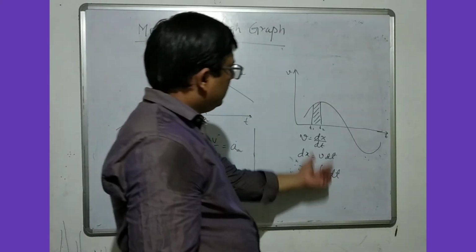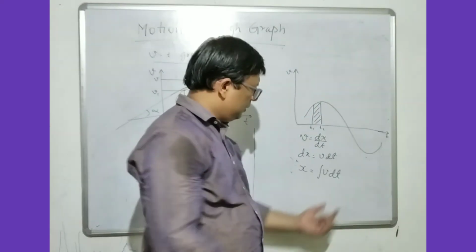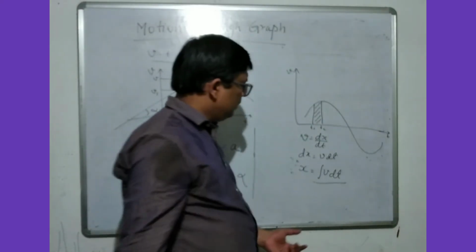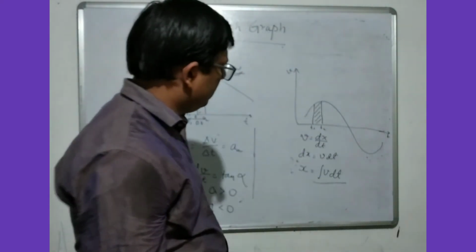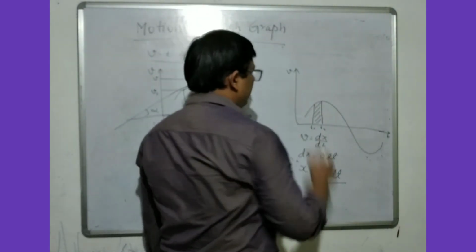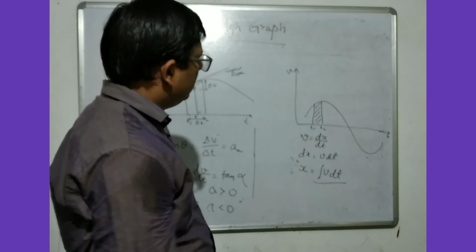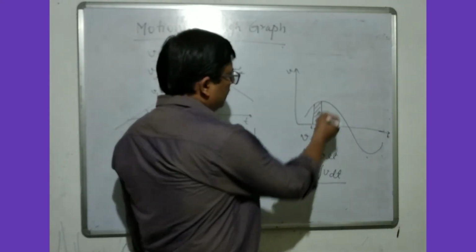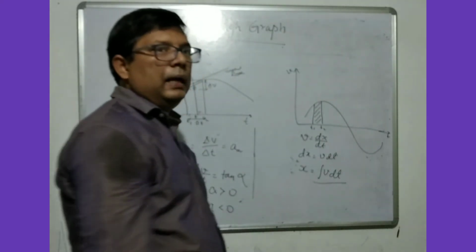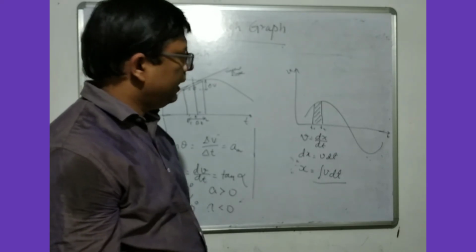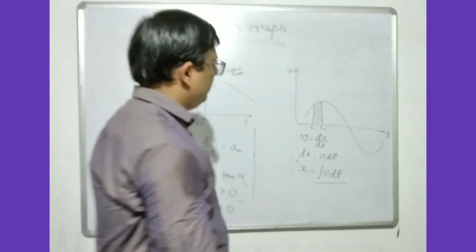This integration of v dt is nothing but the area under the curve. So this area gives the displacement. When you want to calculate the displacement between 2 points, you just have to take the area between these 2 points and you will get the displacement.